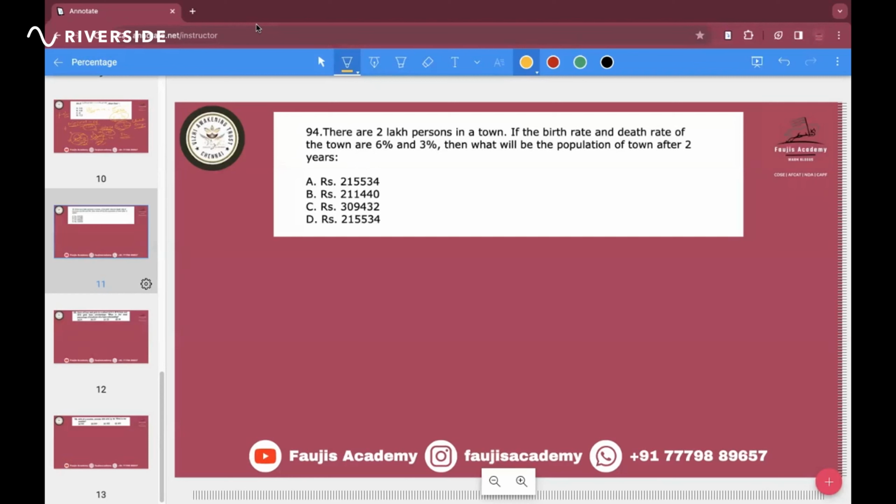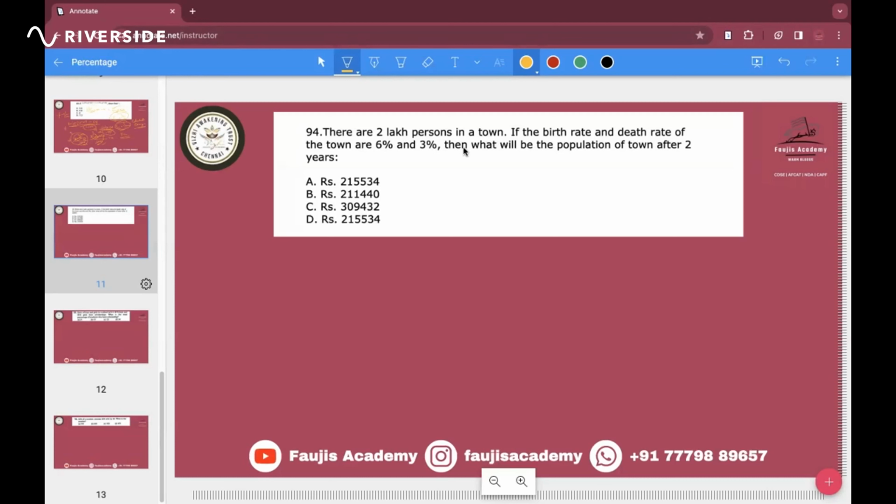Guys, can any one of you volunteer? Sir, they are telling that there are 2 lakh persons in a town, and the birth rate of the town is 6%, and the death rate is 3%. So they are asking us to find the total population after 2 years.